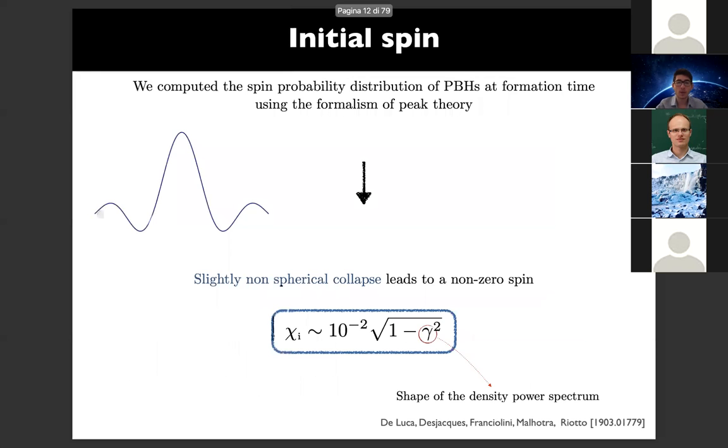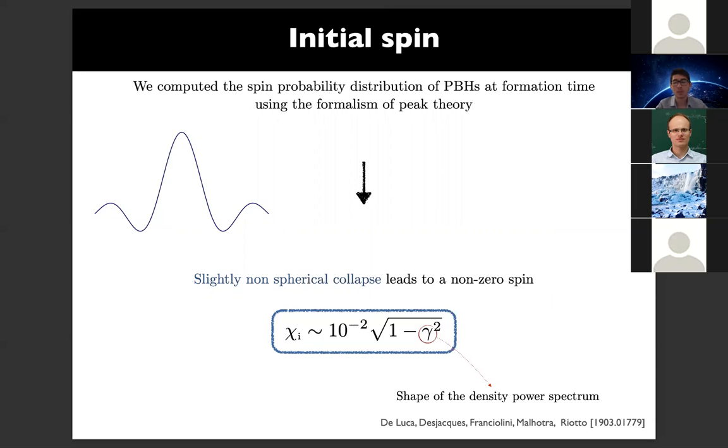One can study, using the formalism of peak theory, the probability distribution of the primordial black hole spin at formation, and found that if there is a slightly non-spherical collapse, then primordial black holes are expected to be basically non-spinning, or with a spin below the percent level, modulo a correction factor which depends on the shape of the density power spectrum. So this is the second feature of primordial black holes at formation.